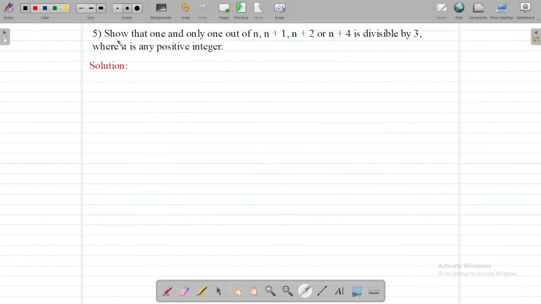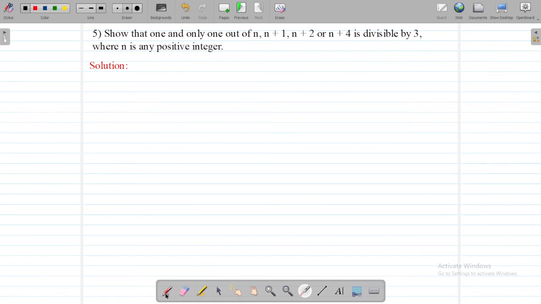Now let us see the next problem, the fifth one, and the last problem of this exercise. Show that one and only one out of n, n plus 1, n plus 2 is divisible by 3.